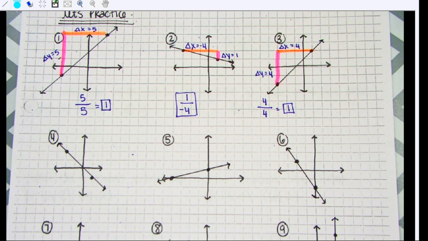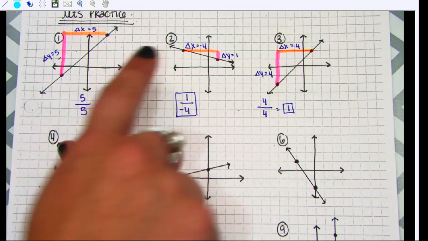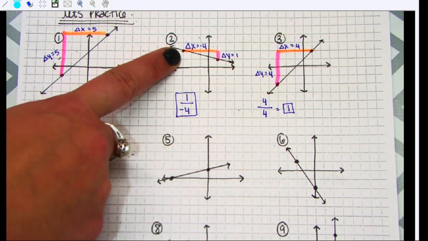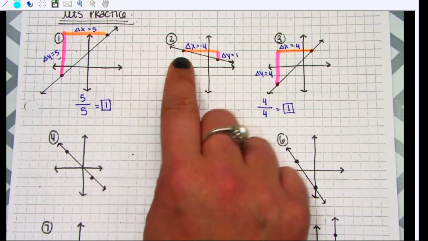Yes, ma'am. How would you know which way to go? So how would you know which point? You can start from either point. So if you started here, did you start at this top point? Yes. Okay, that would just be -1 and +4.